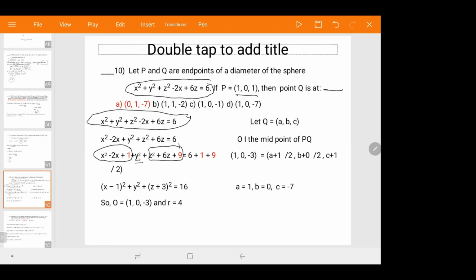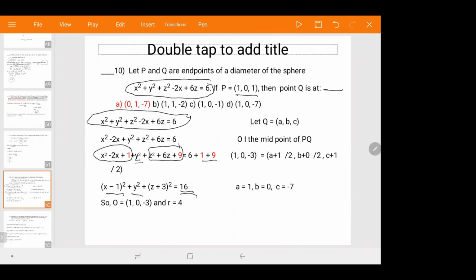Half of the coefficient of z is 3. 3 squared is what? 9. So to balance our equation, I have to add 1 and 9 on the other side of the equation. So x squared minus 2x plus 1 will be x minus 1 the whole square, plus y squared, plus z squared plus 6z plus 9 is z plus 3 the whole square, equals 6 plus 1 plus 9, which is 16.